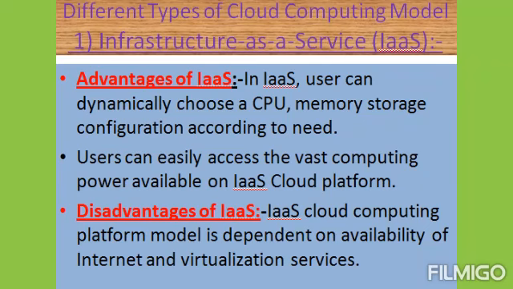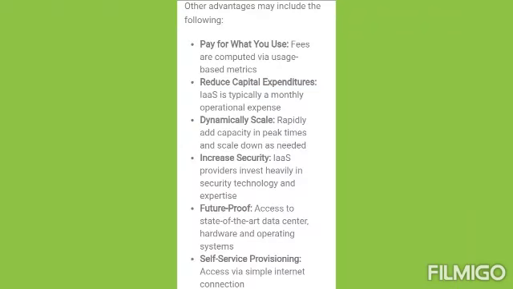It can support quality of service, auditing and monitoring of network-based services, and it supports flexibility, scalability and security. There is no upfront cost involved for this service. So these are the types of infrastructure as a service.